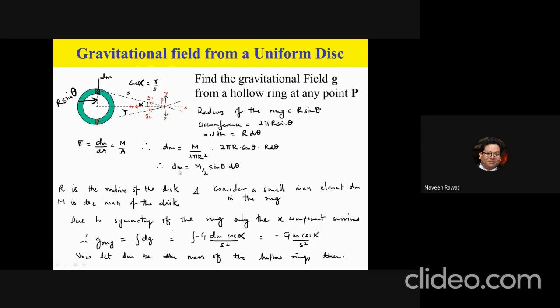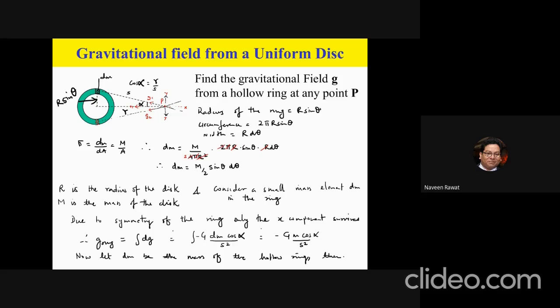From here you get the value for dm as M by 2, because the pi and pi cancel, R squared and R squared cancel, and you have a 2 left when you cancel. So you get M by 2 sine theta d theta, and that is your expression for dm.